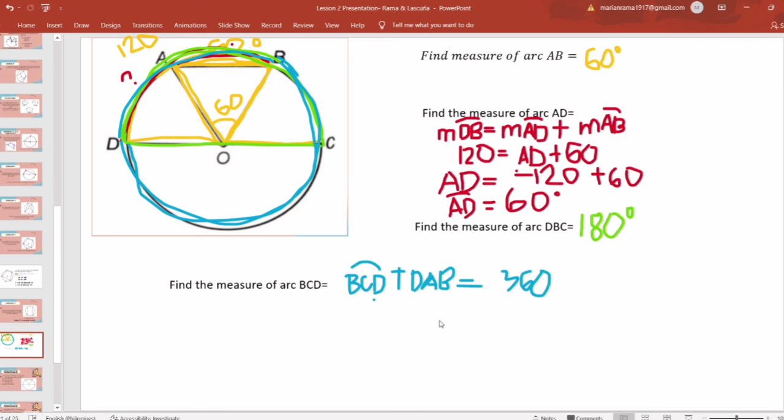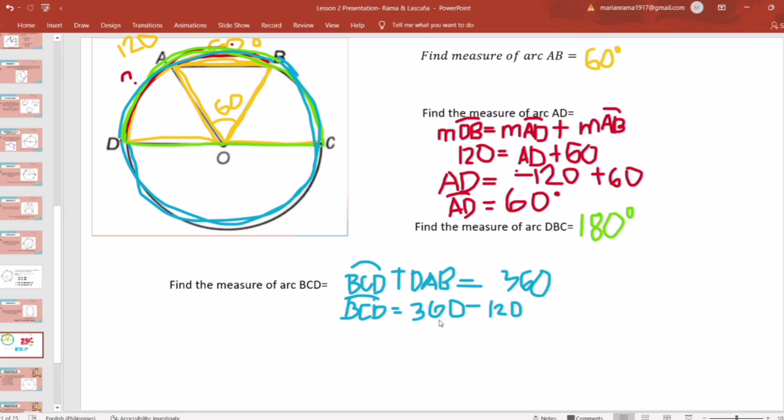Then we have the measure of arc BCD equal to 360 minus the measure of arc DAB, which is 120.